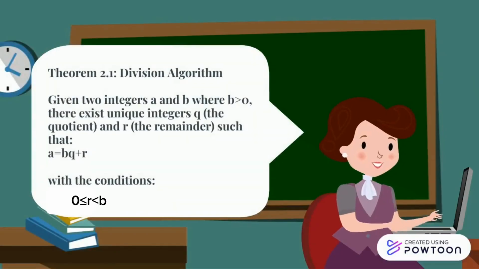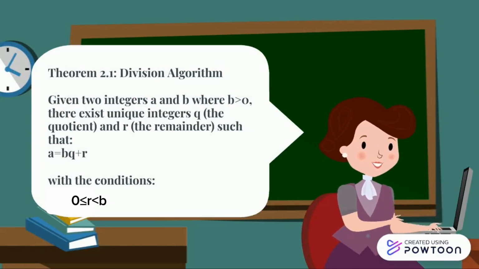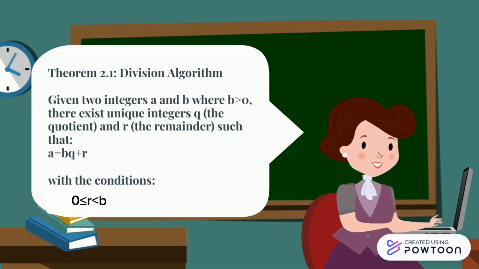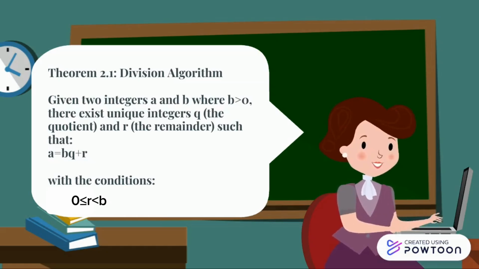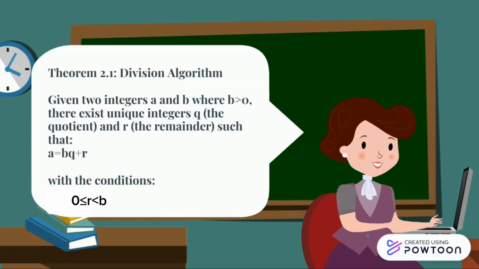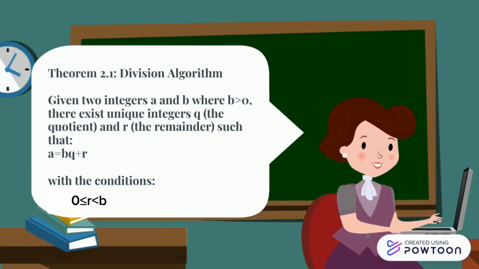Theorem 2.1 of the division algorithm states that given two integers a and b, where b is greater than 0, there exist unique integers q and r such that a is equal to b times q plus r, where the remainder r satisfies the condition r is greater than or equal to 0 but less than b.